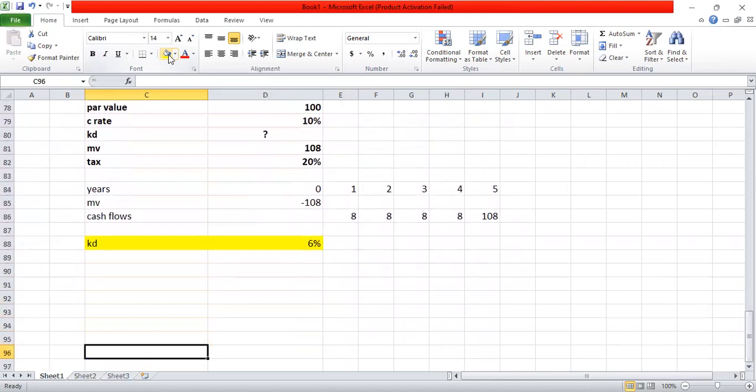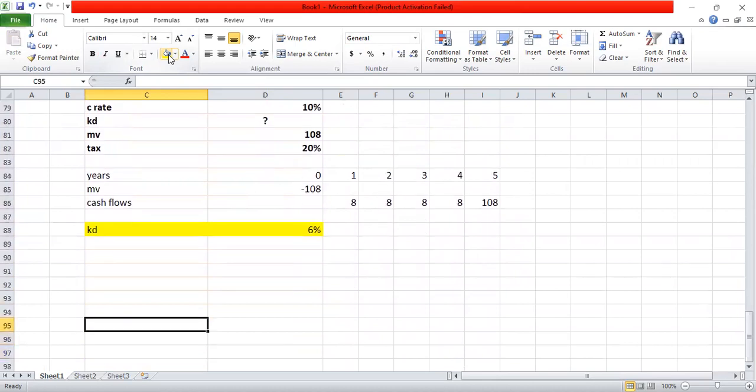Now, for example, in your exam, the examiner is also asking to gear and ungear with the help of the betas.